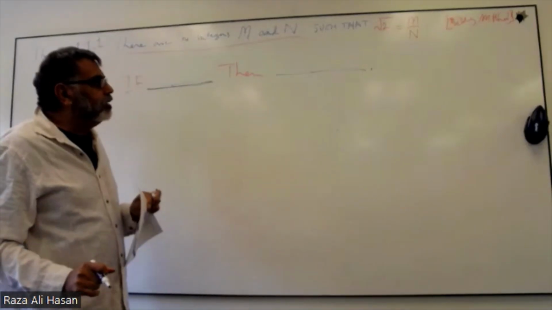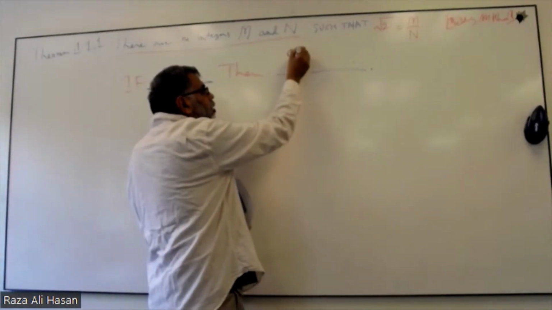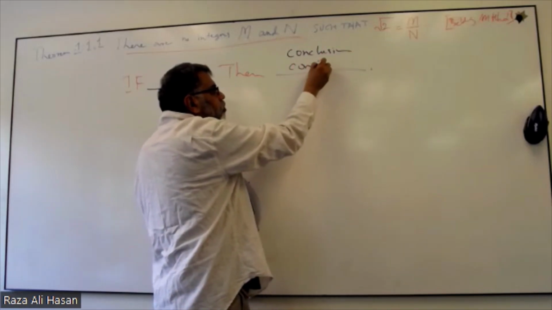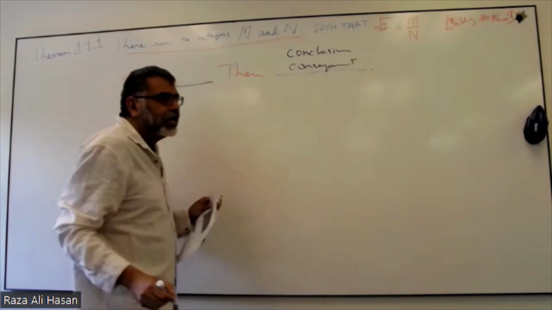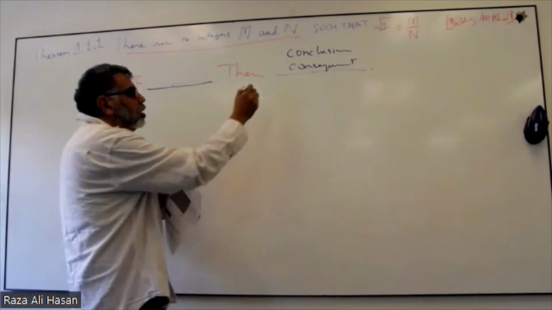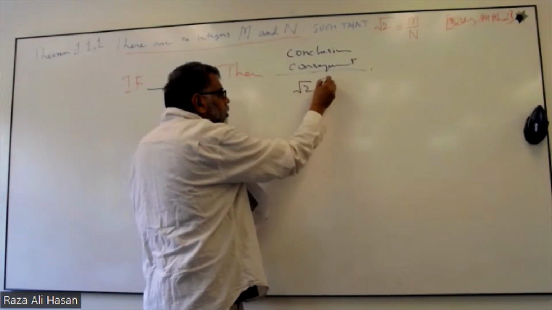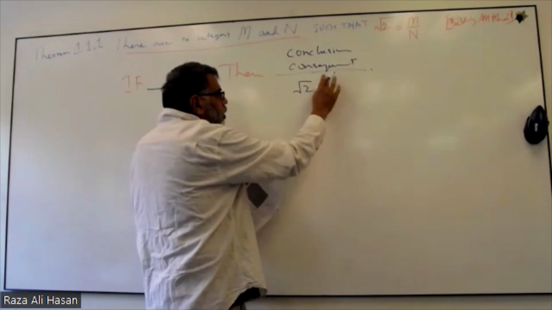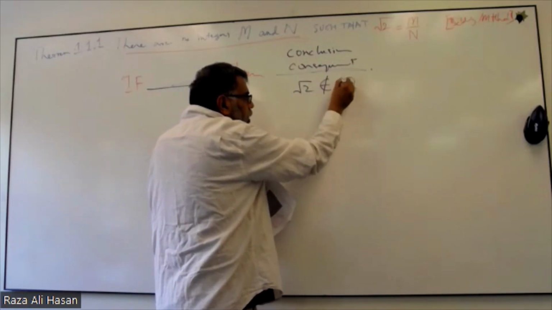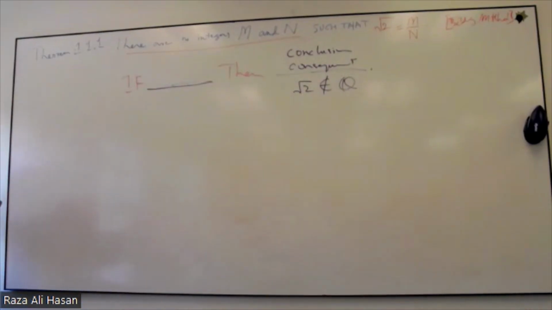Very good. The second one is called the conclusion or consequent. The example I gave was that we wanted to show, for instance, that the square root of 2 is not a rational number.